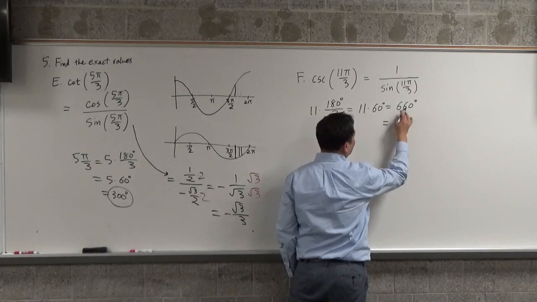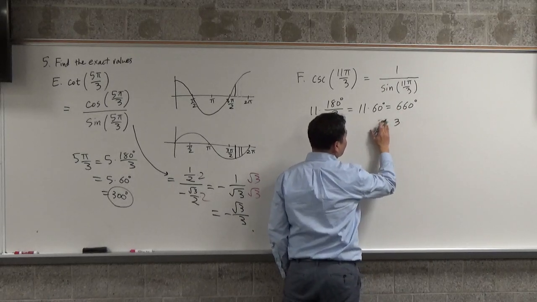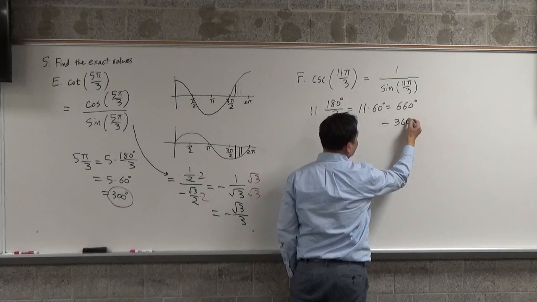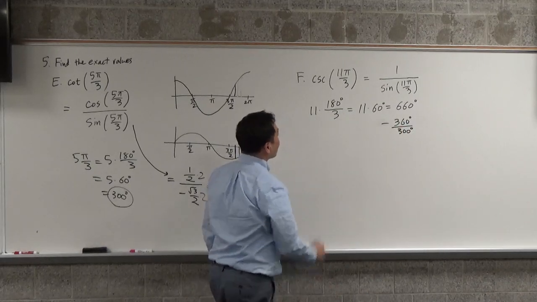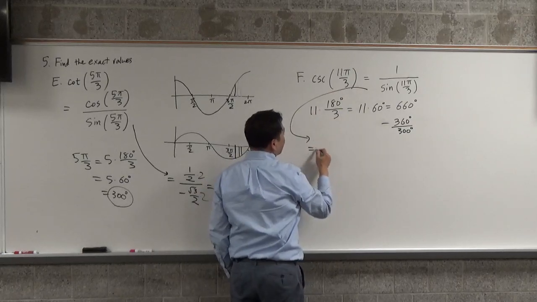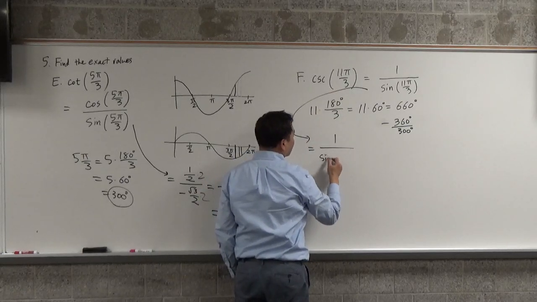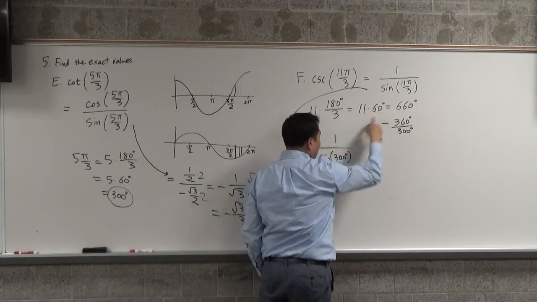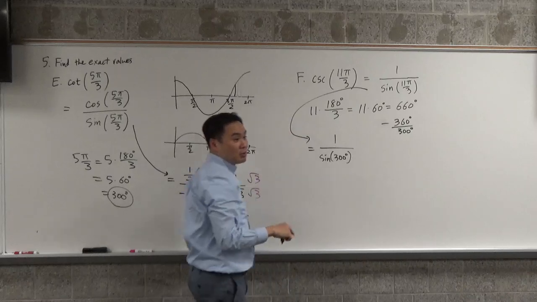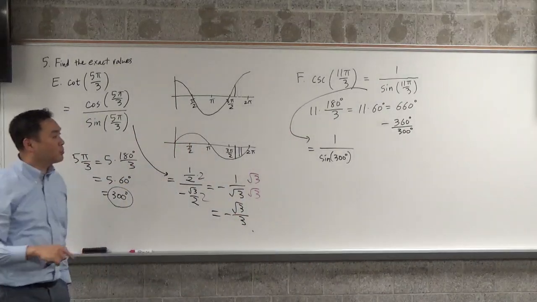You have to subtract 360, so this is just going to be 300 degrees again. So this will be the same as 1 over sine of 300 degrees, because 300 degrees and 660 degrees are coterminal angles. They point to the same place on the unit circle.